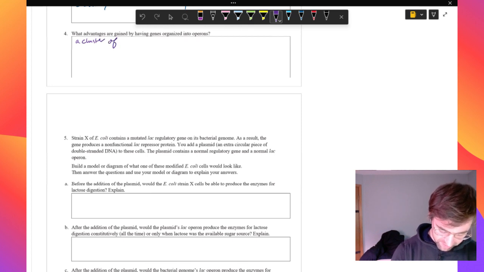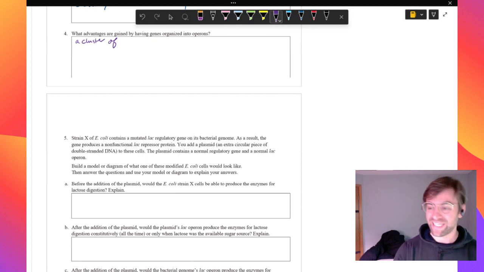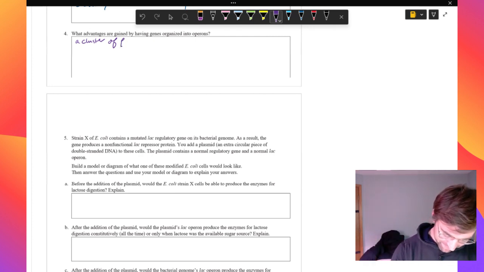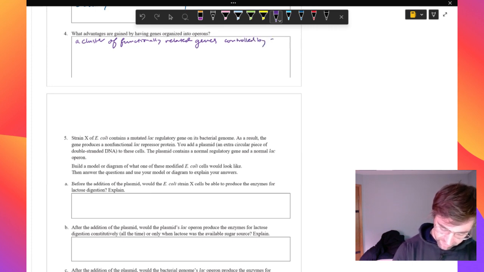The advantage is you have a cluster of related genes, functionally related genes, controlled by a single on-off switch.